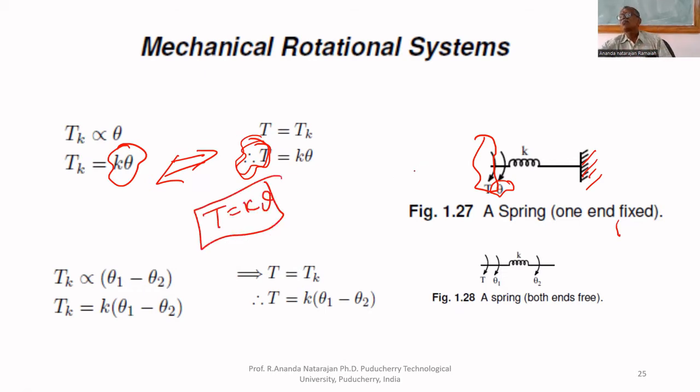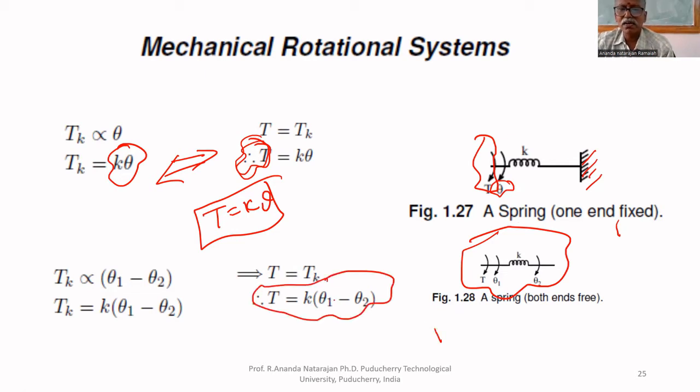Here, mass equal to 0, no dashpot effect. Therefore, the mathematical model is T equal to k theta. That's all. If both ends are free, then T equal to k multiplied by (theta 1 minus theta 2).